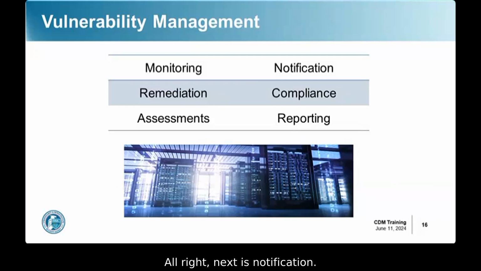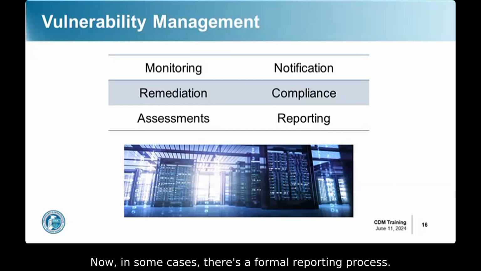All right, next is notification. When anomalies are identified on your system, who do you notify? What is your agency's policy and what's required when you find something that's a little bit suspect or a lot suspect? Now, in some cases, there's a formal reporting process. Of course, that's going to be agency dependent, but typically, management is made aware and the analyst makes recommendations for remediation.